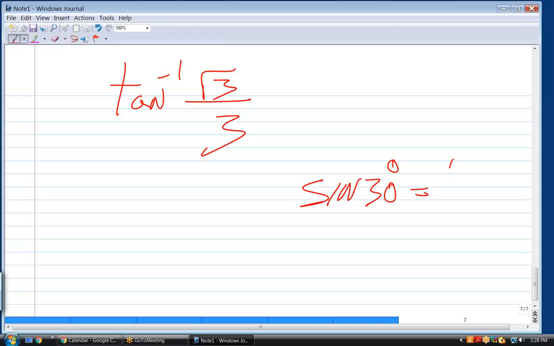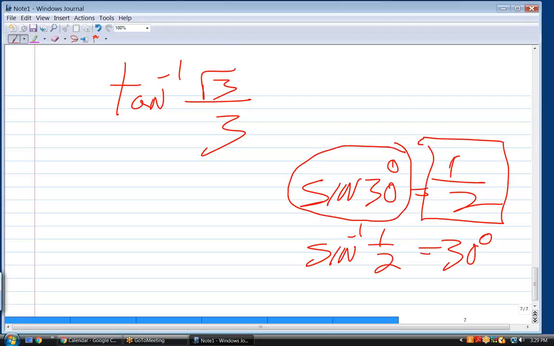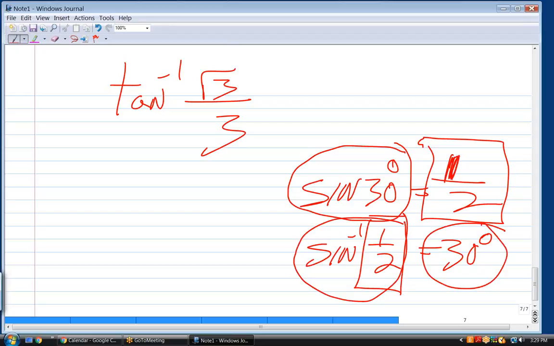That would be 1 over 2, if and only if the inverse sine of 1 over 2 is 30 degrees. In other words, we take trig functions of angles and we get ratios. We take inverse trig functions of ratios to get angles.